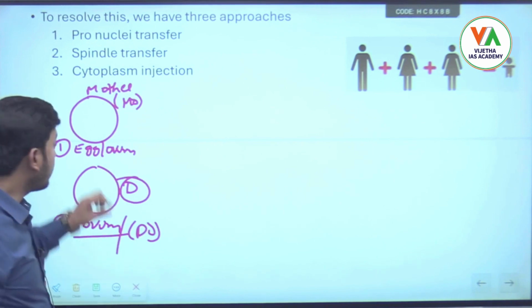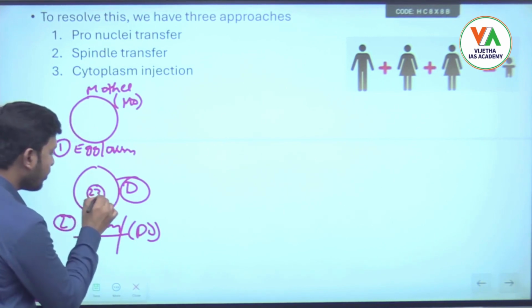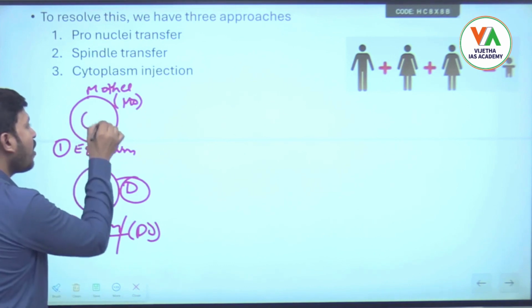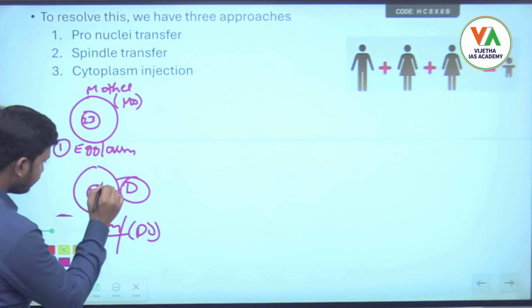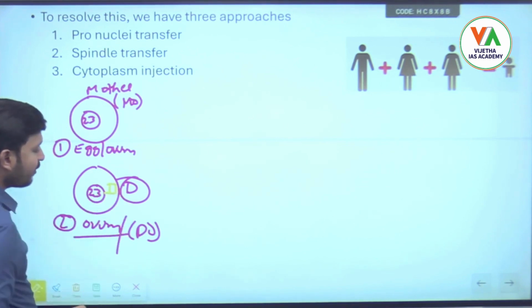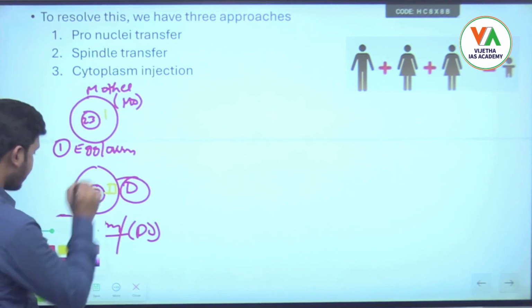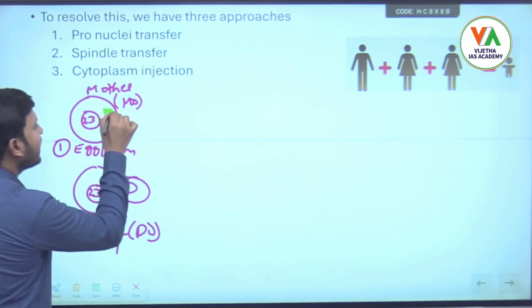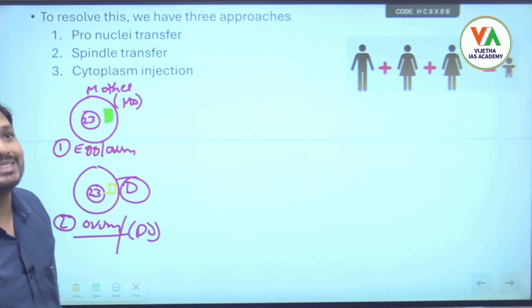In the donor, how many chromosomes are there? 23 chromosomes. How many are there here? 23 are there. And this is the mitochondria from the donor, and this, I'll draw with another color, is the mitochondria of the mother. So this mitochondria of the mother is defective.